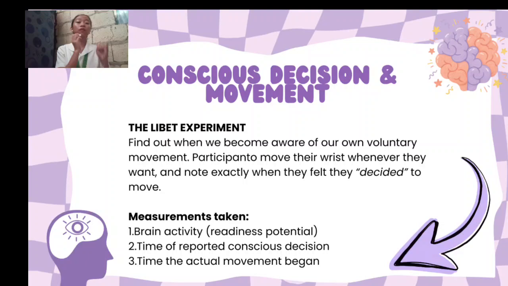First is the brain activity called the readiness potential. Second is the time of reported conscious decision. And the third is the time the actual movement began.